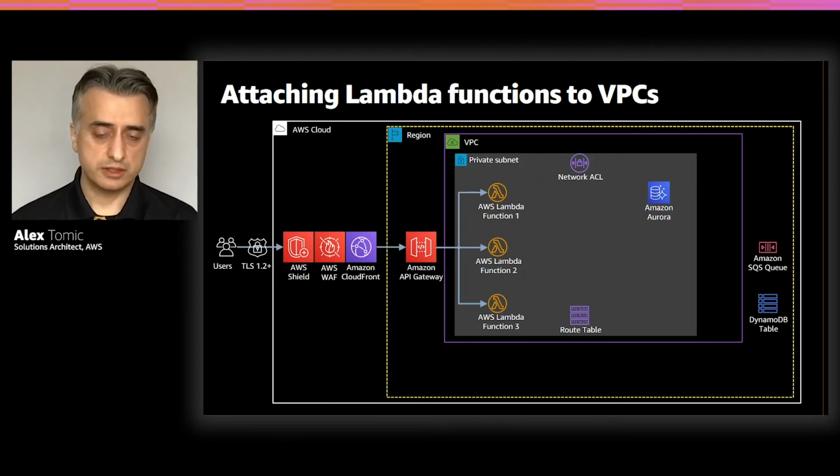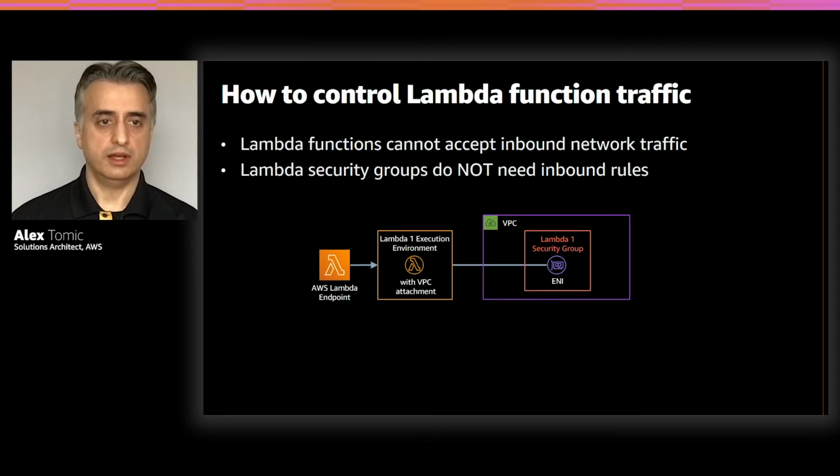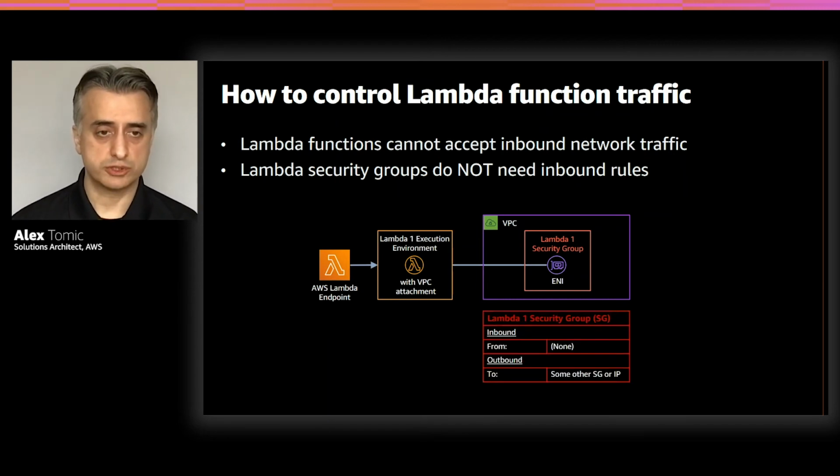We haven't discussed how security groups should be used with Lambda functions that are attached to a VPC. So we'll dive into that in more detail here. Every network interface that's used by Lambda functions has one or more security groups attached to it. If you recall, Lambda functions do not accept any inbound traffic, so we don't need to open up any ports on it.